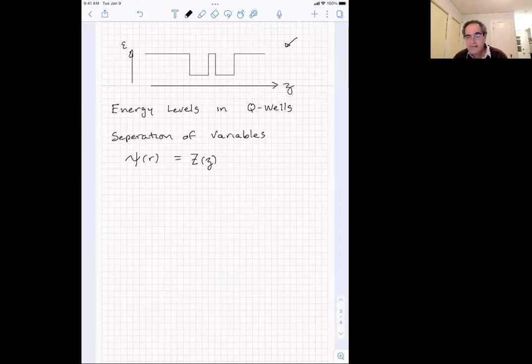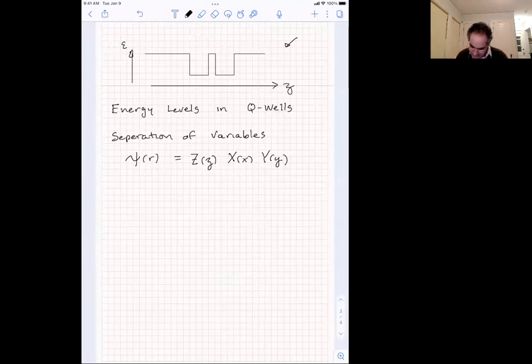One part, Z of z, is an amplitude that only depends on the displacement in z, okay? And describes how the wave function changes with displacement in z. Times a second function which only depends on x, and a third function which only depends on y, okay?